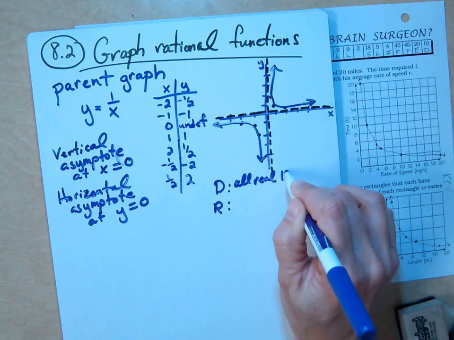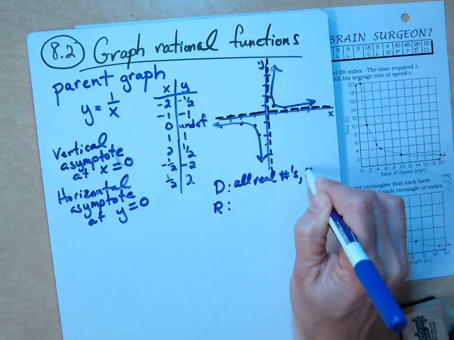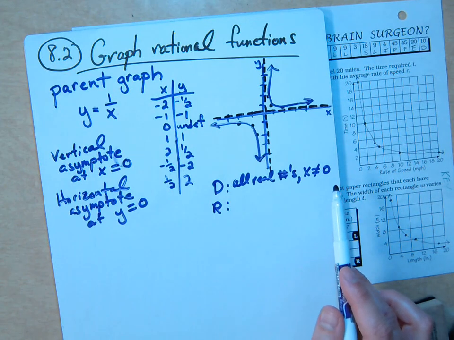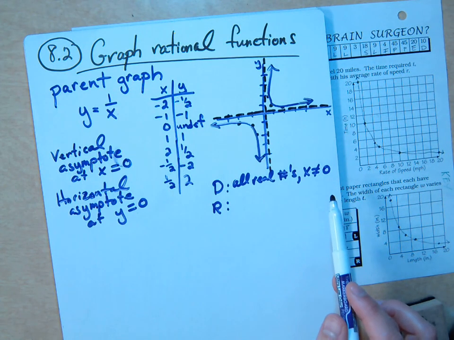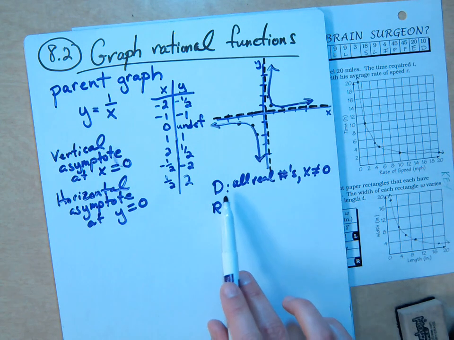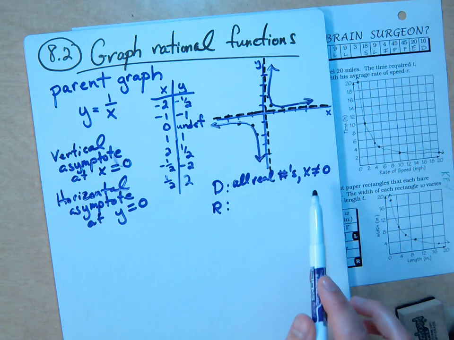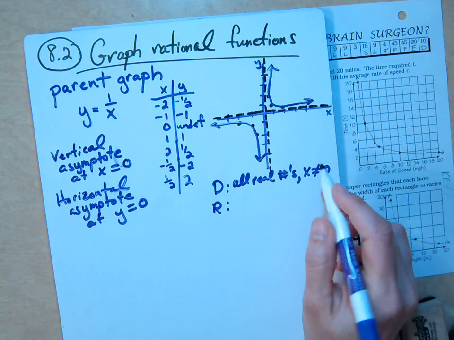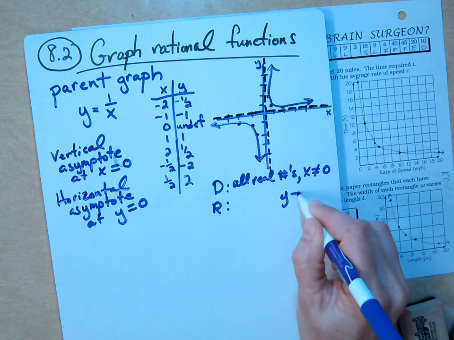All real numbers, but not 0. So when you say, for a domain, when you say x not equal to 0, that's what you mean. You mean everything but not 0. But you don't have to write out all real numbers x not 0. You just write x not 0. And for the range, y not 0.